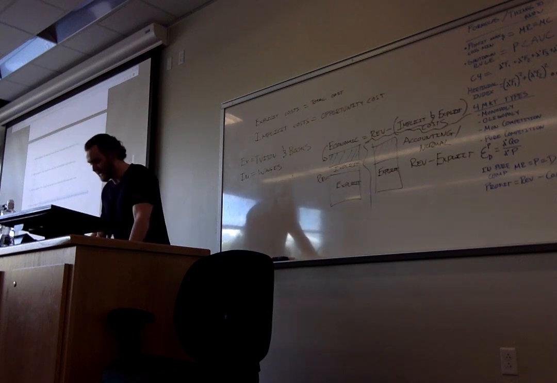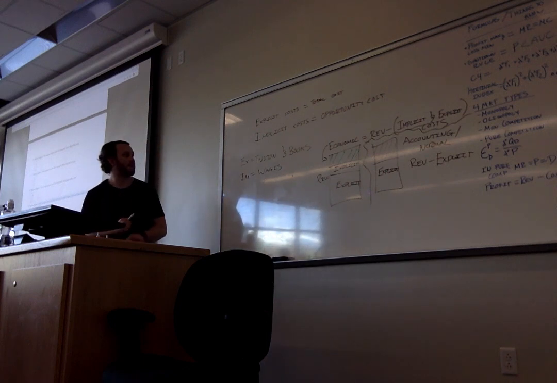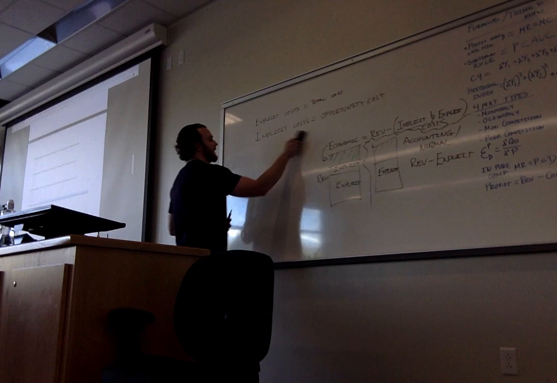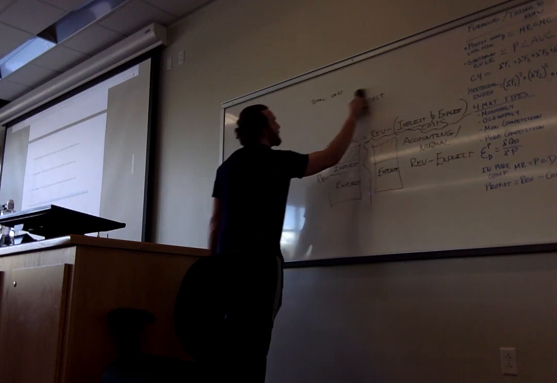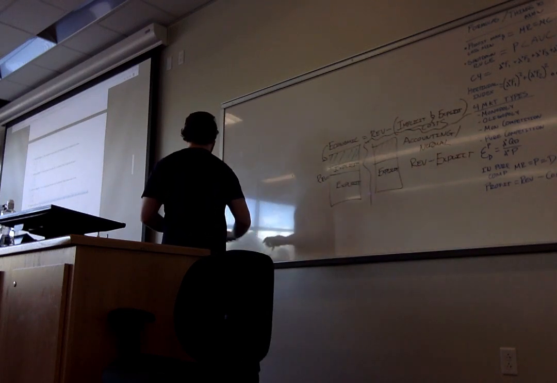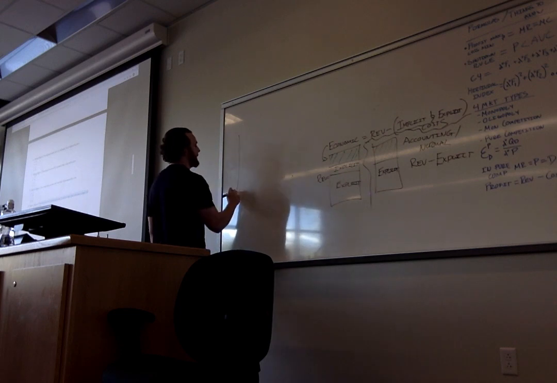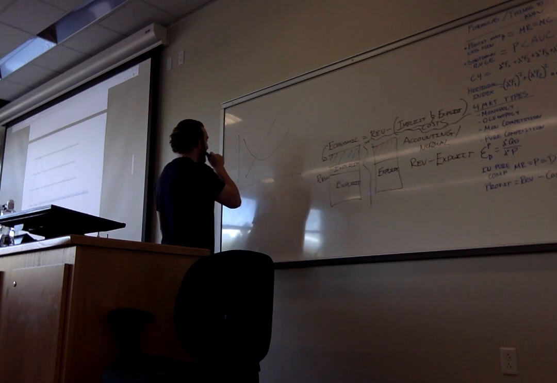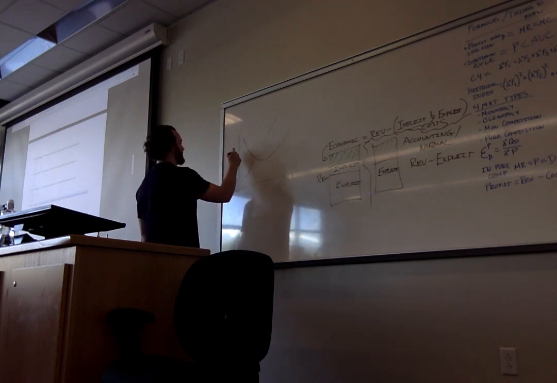Okay. A couple other things with economic and accounting profit. We were talking about profit with reference to these graphs. We've got average total cost, marginal cost, and then we've got price.